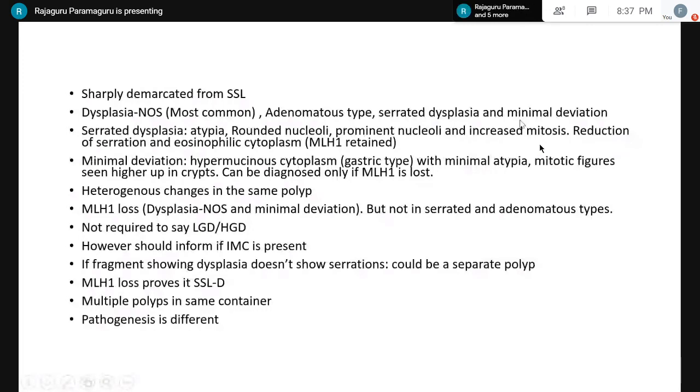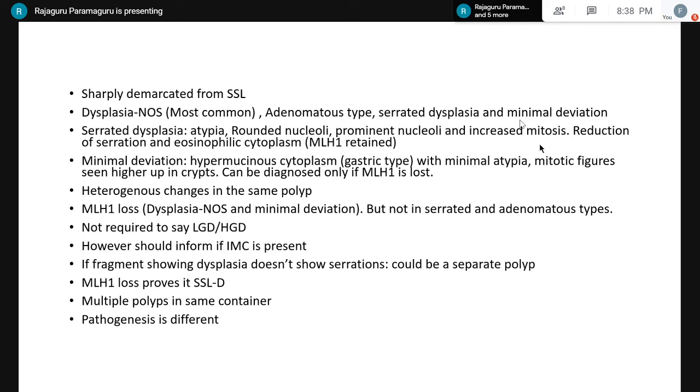Another important point is that you need not say that it is a low grade or high grade dysplasia, like what you get in an adenomatous type of polyp. It doesn't have any significance because SSL with dysplasia has the same surveillance; the repeat endoscopy will not be performed at a different time interval.